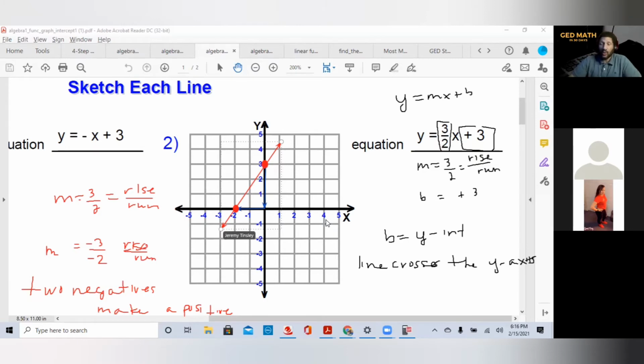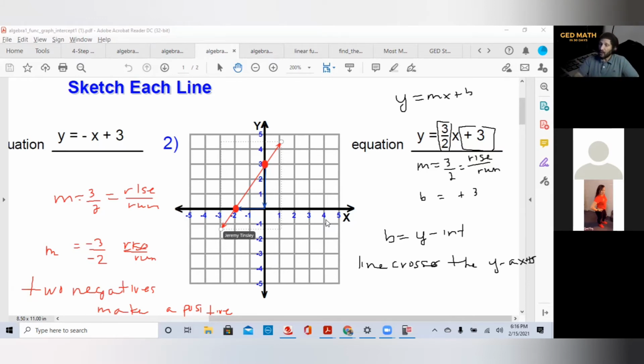In this case, our equation was in slope-intercept form. The second step, identify what the slope is: whatever coefficient is in front of your x. In front of our x is 3/2, so our slope is 3/2, with 3 being our rise and 2 being our run. Next thing we did was identify our y-intercept, which was plus 3.